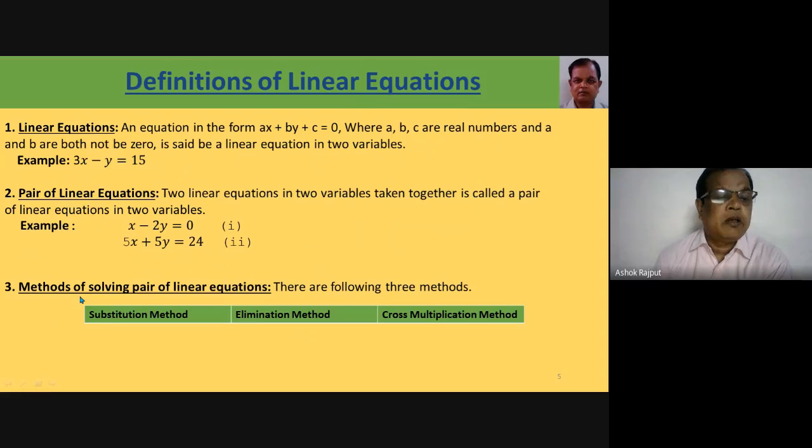So, methods of solving a pair of linear equations. How many methods are there to solve a pair of linear equations? There are the following three methods. The first one is the substitution method, the next one is the elimination method, and the third one is the cross multiplication method.